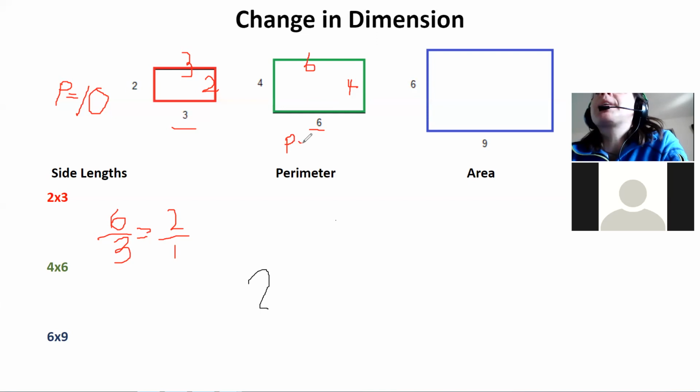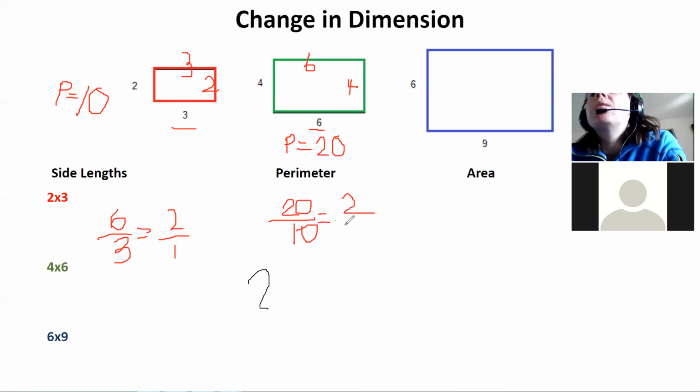Watch what happens when I compare the perimeters. So we have 20, the bigger rectangle, compared to 10. Look at this. I get the same ratio. 2 over 1. Same ratio. Look at that. 2 over 1.